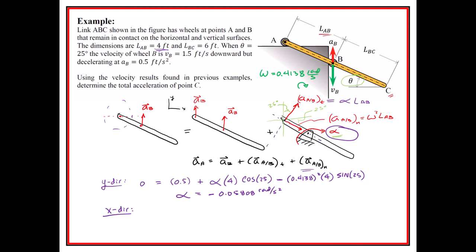Yeah, okay, we got that. So we got that same answer. We did get that alpha was actually 0.05808 radians per second squared counterclockwise, right? That was our conclusion.